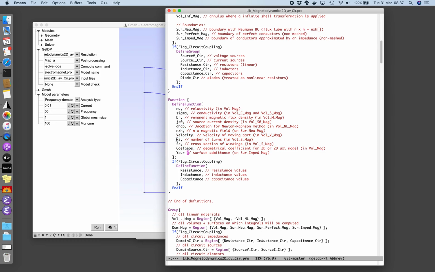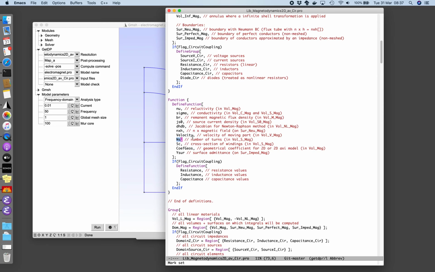Important parameters are Ns: in the source region, you can specify the number of turns. We're going to assume that we have a perfect stranded inductor, an inductor made of many different turns in series, which means that we can make the hypothesis that the current density is going to be constant across the coil. And this is the number of turns.